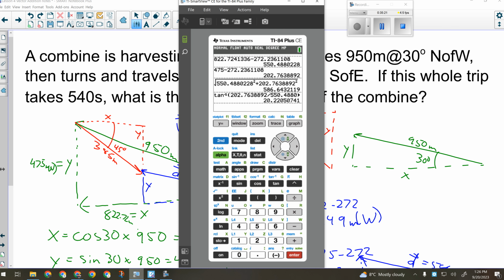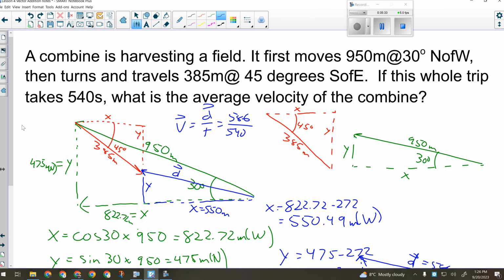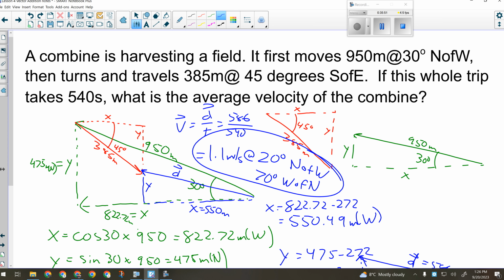So this number right here, divided by 540, is going to give us a velocity of two significant digits, because that 30 degrees only has two, 1.1 meters per second at 20 degrees north of west, or at 70 degrees west of north, depending on how that final triangle turned out for you.